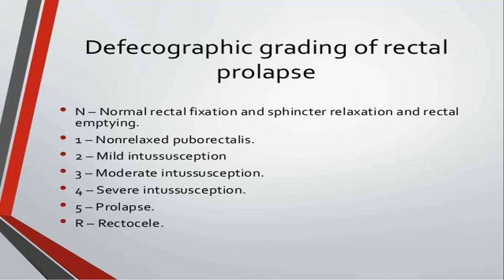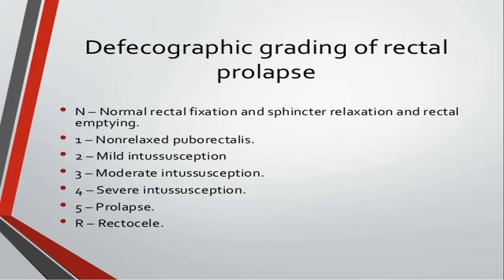Now you must remember that if there is a normal rectal fixation, the rectum is not mobile, the sphincters relax in time, and the rectum empties. It's normal. You can denote it as N. But if the sphincters are not relaxing well, the non-relaxed puborectalis you can mark as 1.